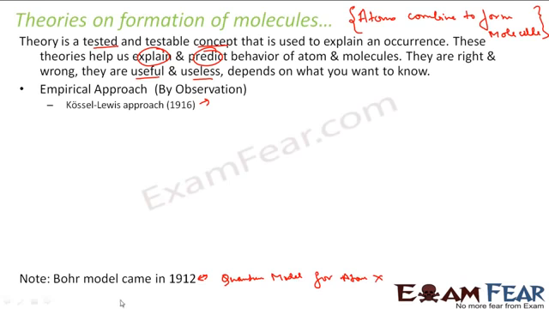Only the Bohr model was there, and with that in mind and a lot of observation, Lewis gave one theory to predict the structure or behavior of molecules. This theory had merits but a lot of demerits also, because it was not able to give the exact structure of the molecule.